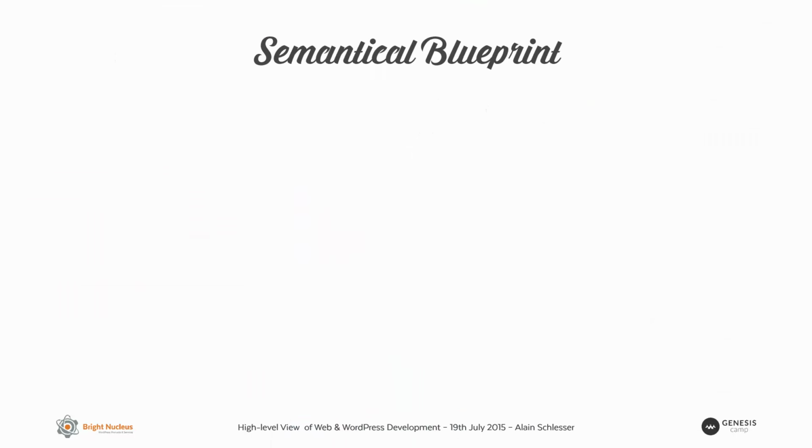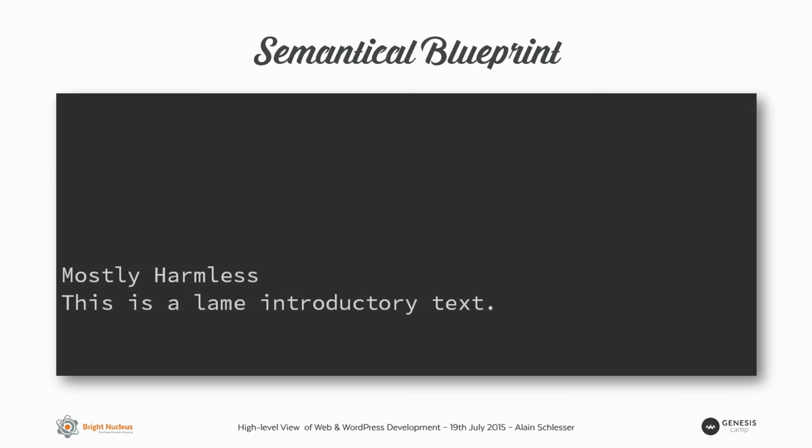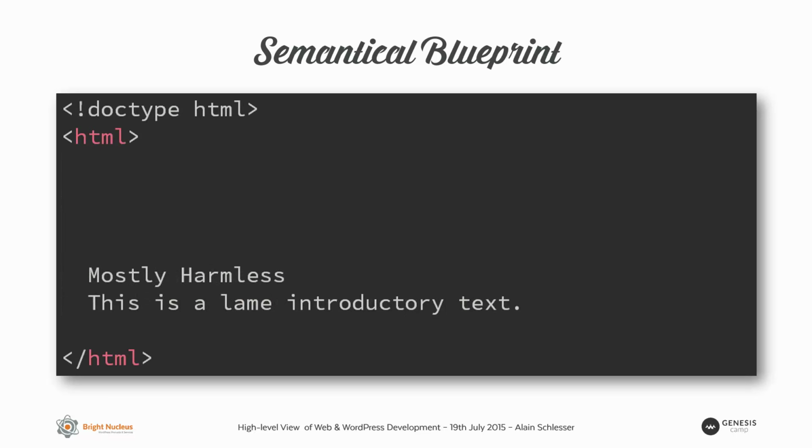What does it mean exactly that the HTML file is a semantical blueprint? Imagine a standard text file. There's no way for a computer to know how to display this in a more meaningful way. It is only two lines of letter sequences for the computer. If the computer would want to change the font of the paragraph text, it would not know where this paragraph starts and where it ends. It could only guess. So if we wrap this text in an HTML file, we still have only text at first.